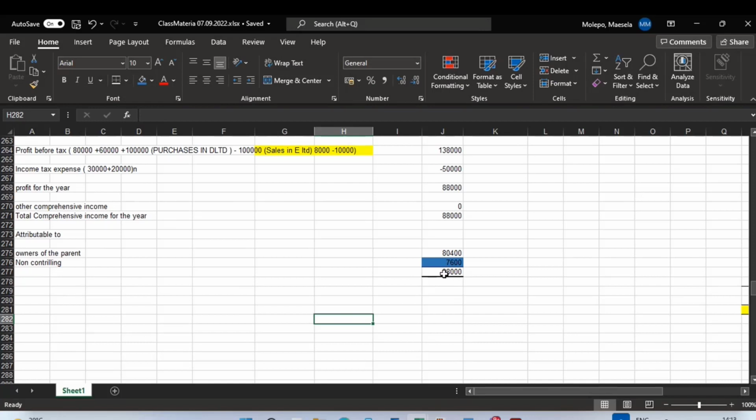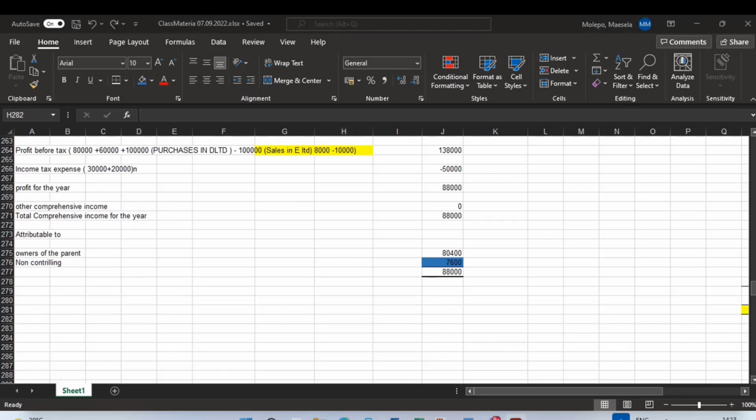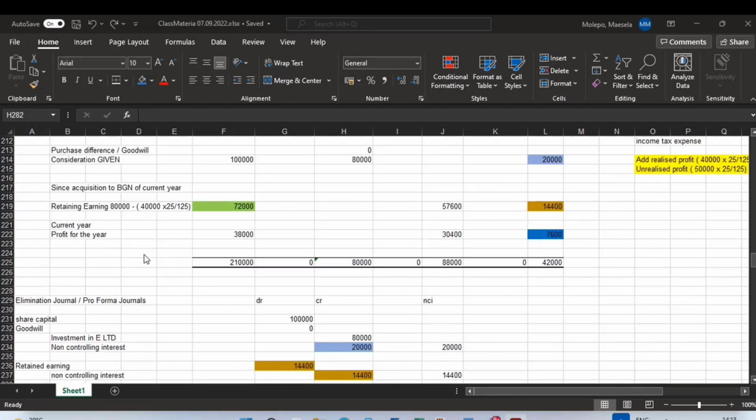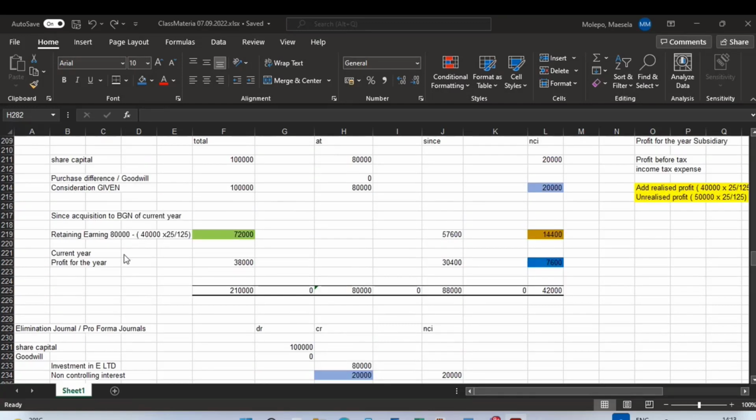Any question so far? No, sir. So when the subsidiary is selling to the parent, it doesn't affect much of the analysis. If you check the analysis, nothing much happened. It was only the 40,000 of that inventory opening balance, which was not realized, but because it's going to be realized during the year, it's going to create profit for the year.